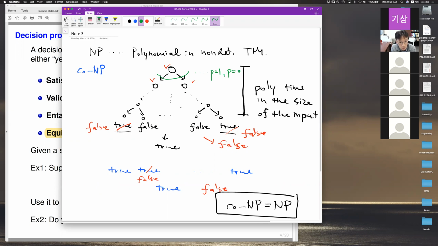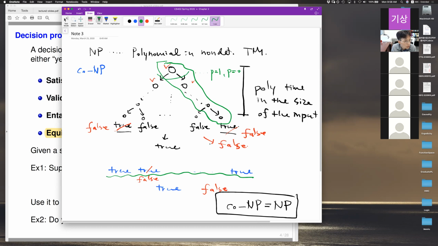Then the existence of one path which returns true, like this, corresponds to an assignment that makes some formula true. In the co-NP case, all the paths should be true. That corresponds to all the assignments having to be true.